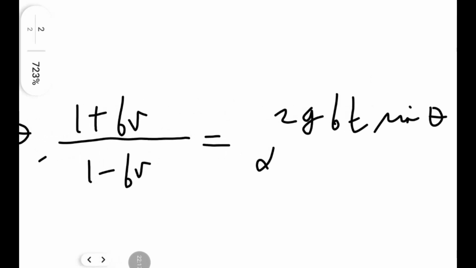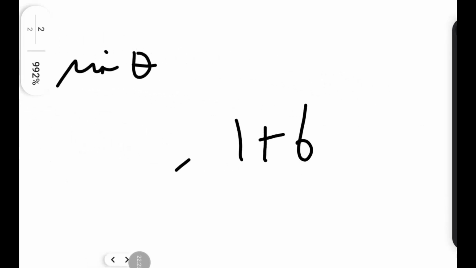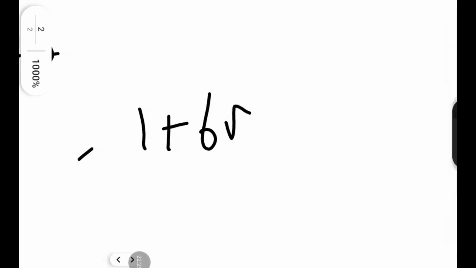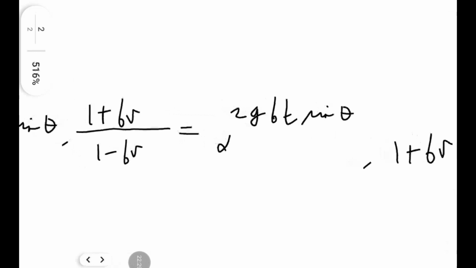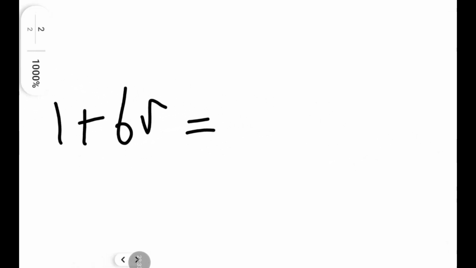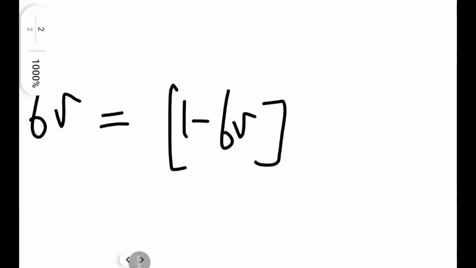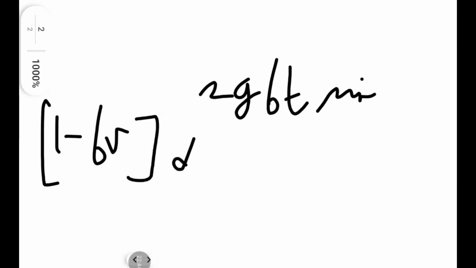I would recommend you look up logarithms if you haven't done it. And we can expand that out into 1 plus bv is equal to, let me double check, 1 minus bv, like this, times e to the power of 2g bt sine of theta.